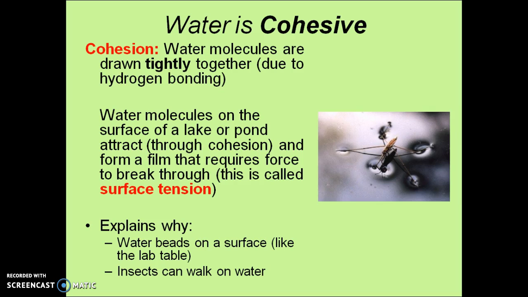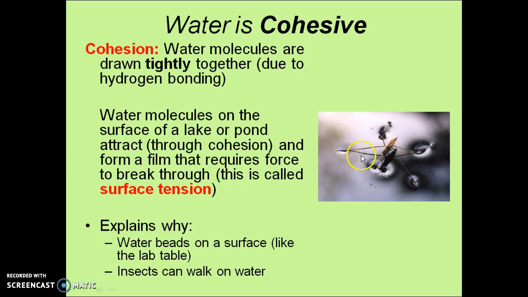So what we see as a result of cohesion is water molecules that are found on the surface of a lake or pond tend to attract to one another through cohesion, and that forms a film on the surface of the lake or pond, and that film is going to resist the force of an object on top of it.